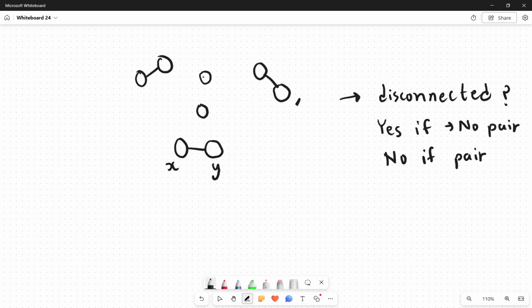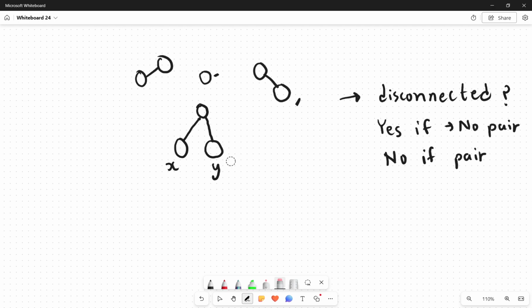When I select these vertices which have degree 1, suppose first I take this vertex, then this vertex. With these two vertices I'll make a pair, so I will perform the operation on them. So what will happen if I select this? Something like this, right?